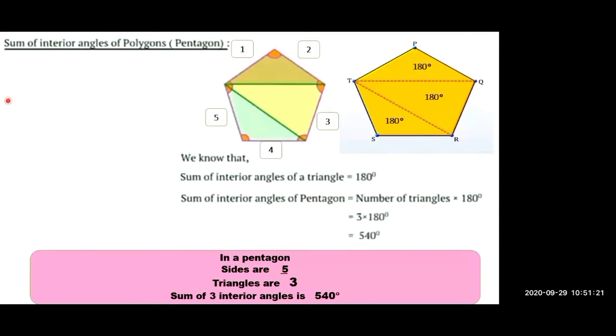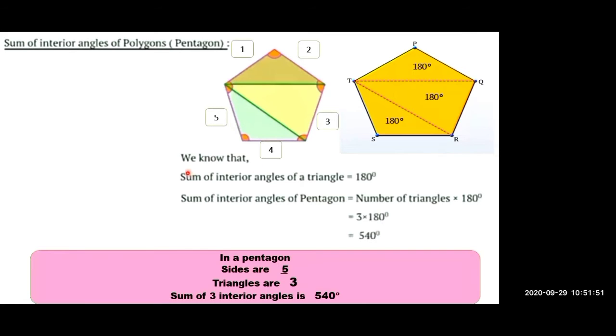Now, what is the sum of interior angles of pentagon? We need to know how many triangles are formed in pentagon. Okay, so n minus 2, number of sides in pentagon is 5. So 5 minus 2 equals to 3. 1, 2, 3 triangles we get.